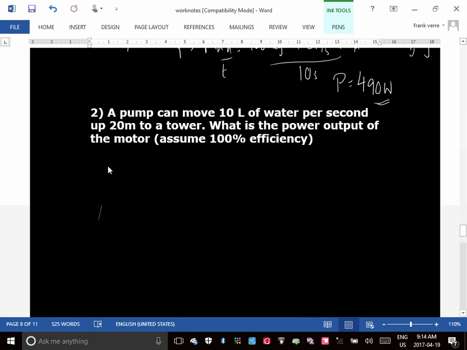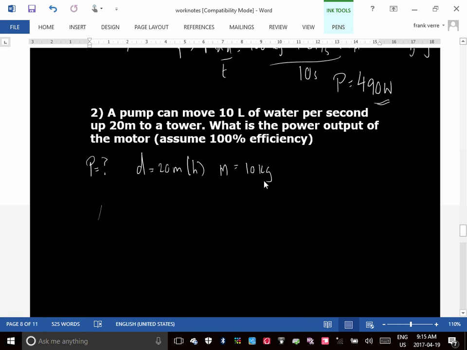So what do we have? We're looking for power. We have height or distance, 20 meters. Do we have the mass? Yes, we do, because 10 liters is roughly 10 kilograms. Do we have the time? Yes, we do.